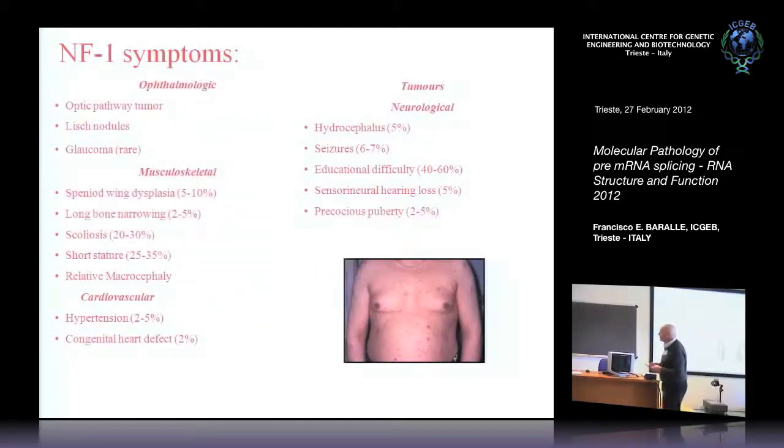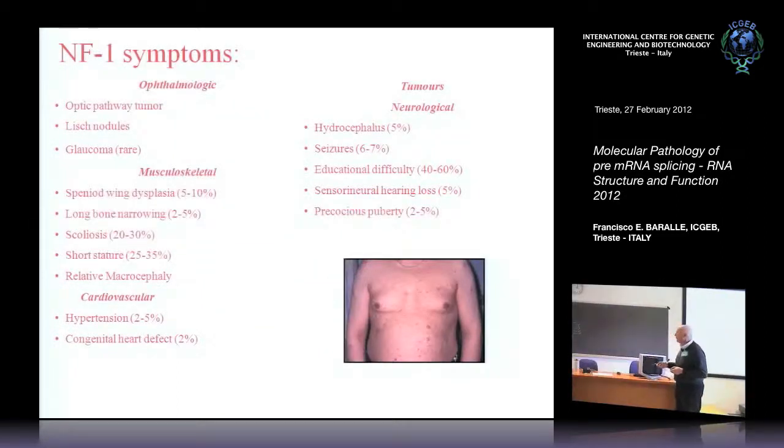I'll show you this for several cases of neurofibromatosis type 1. That is a disease that has a different penetrance. I mean, you can have just an ugly aspect with a lot of neurofibroma, or you can have very vicious tumors of the nerve sheath.